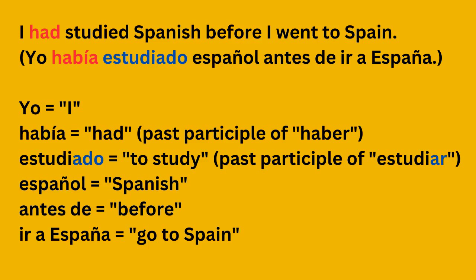Yo means I, había is the imperfect tense of haber, which means had, estudiado is the past participle of estudiar, which means to study, español means Spanish, antes de means before, ir a España means go to Spain.